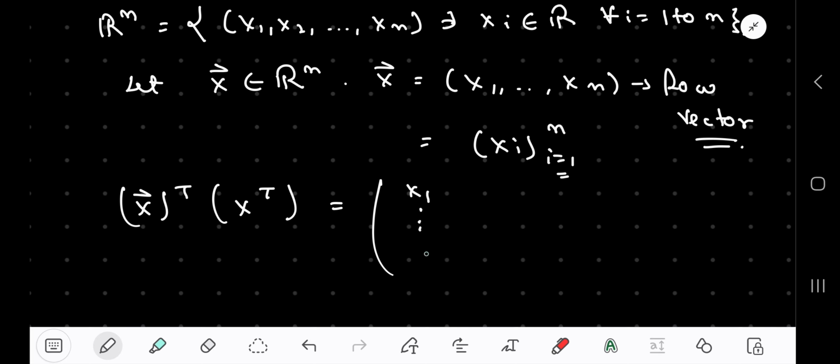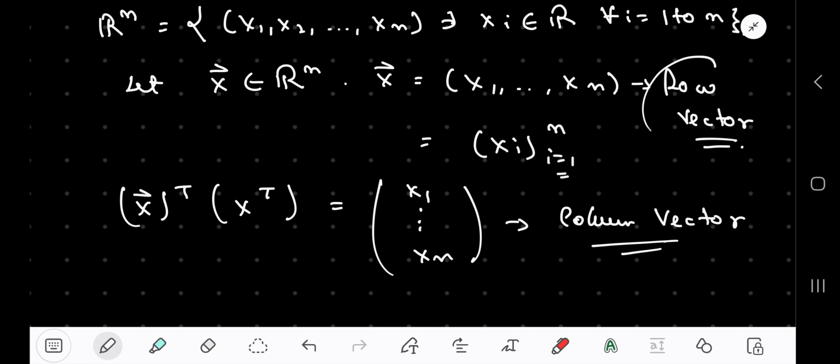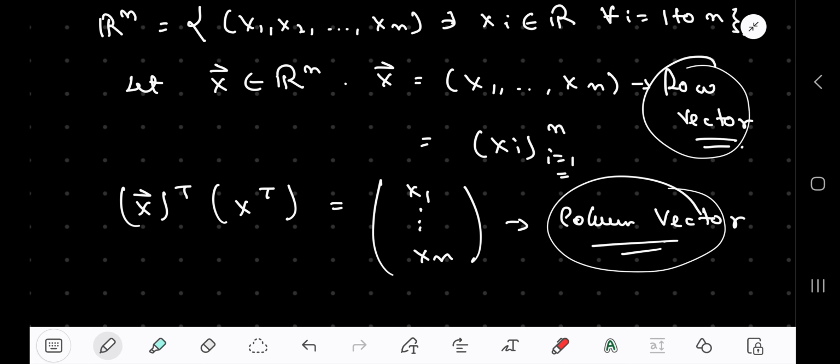This is what we call a column vector. Both of these are equally important because we need to alternately use row vectors and column vectors whenever we use matrices, when we introduce the notion of derivatives in the multivariable case.